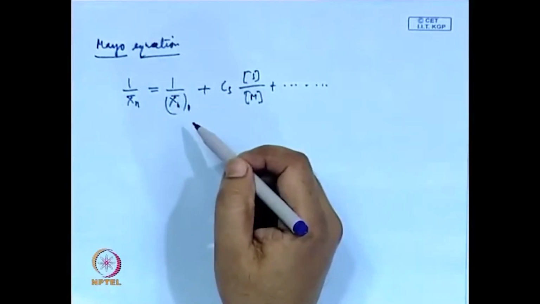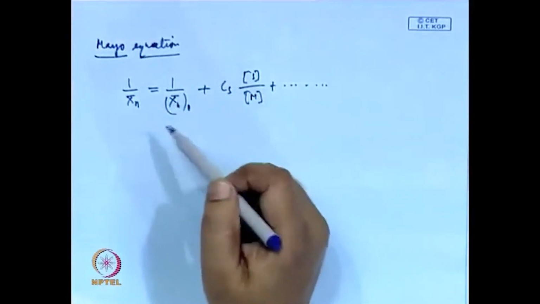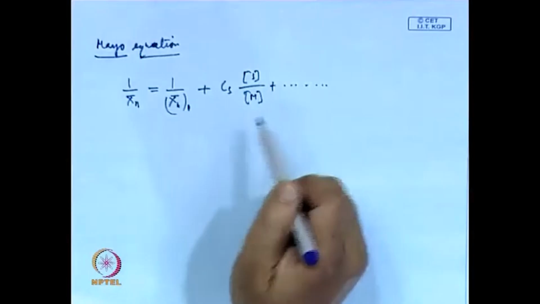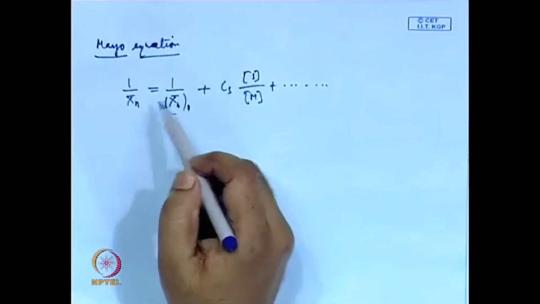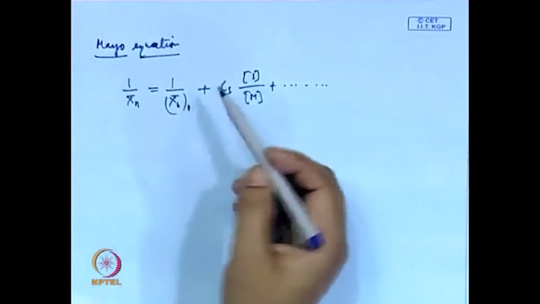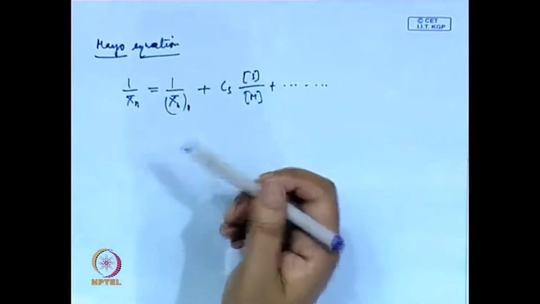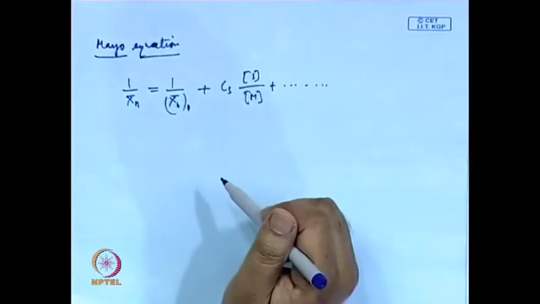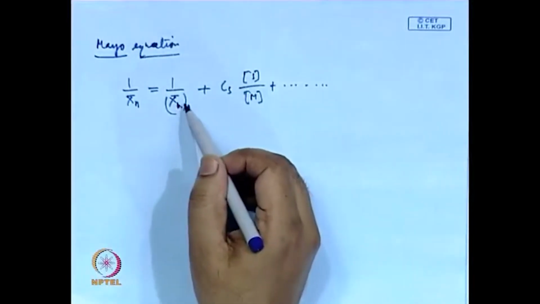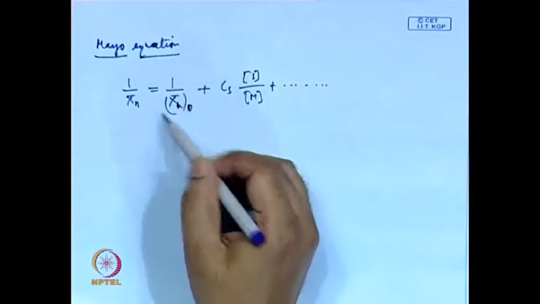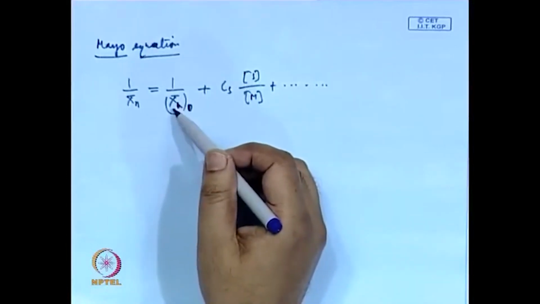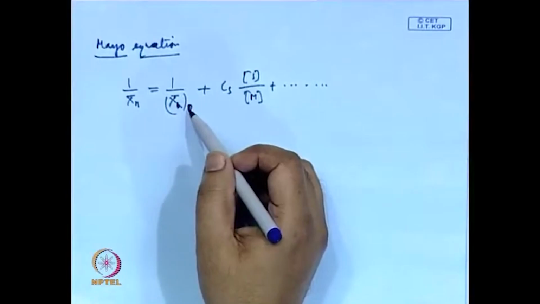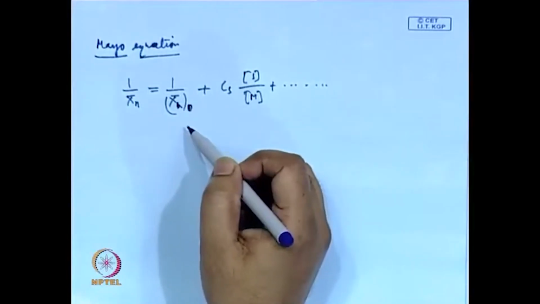In the last class, or the lecture before last, we had seen that if there is a chain transfer, then the molecular weight actually drops as a result of the chain transfer reaction, and this Xn bar 0 is the number average degree of polymerization in the absence of any chain transfer reaction.